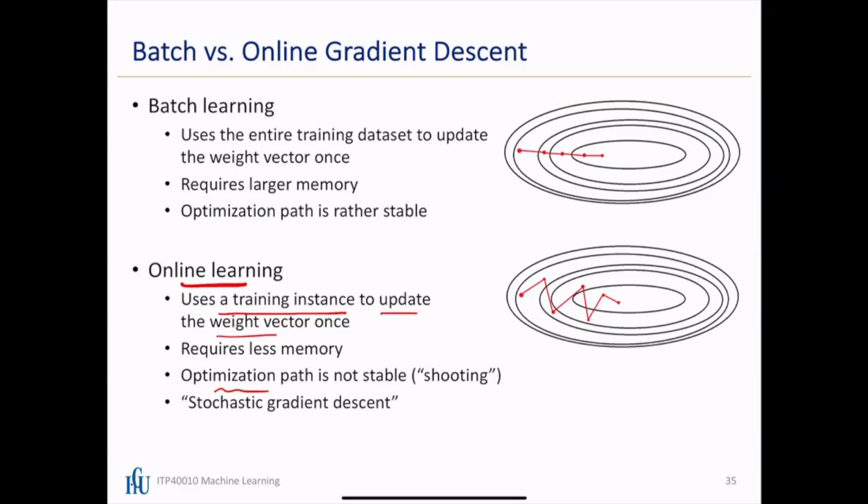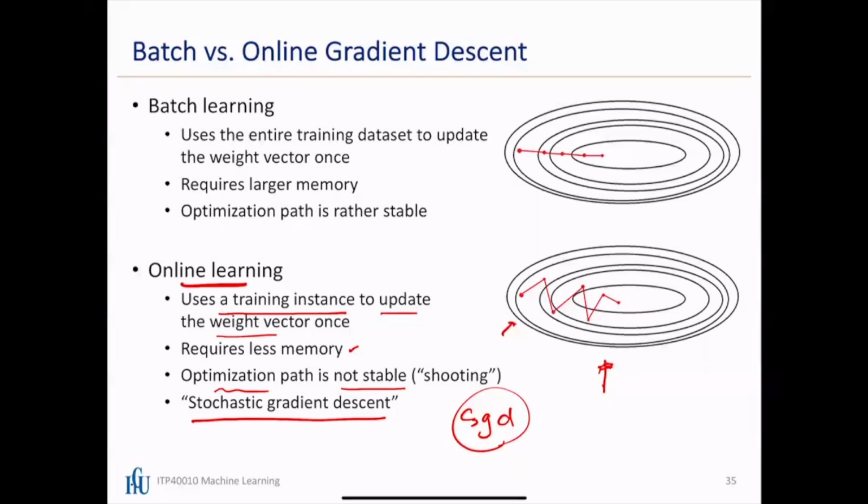You look at one data point, update your weight vector once, another data point, update the weight vector one more time. Obviously, this requires less memory, but the optimization path is not stable like this. And this is called stochastic gradient descent. If you have played with PyTorch or TensorFlow, you may have encountered the optimizer named SGD. This is the acronym for stochastic gradient descent. And this is the idea.